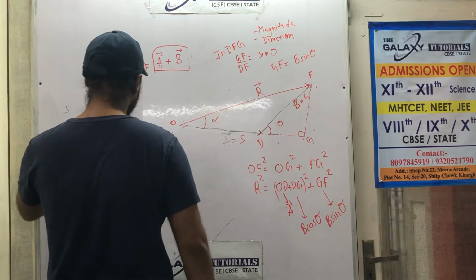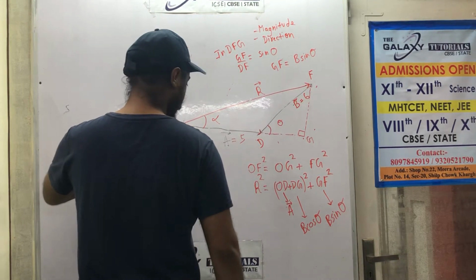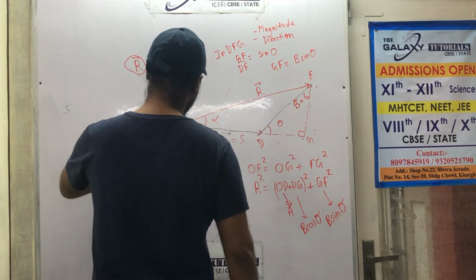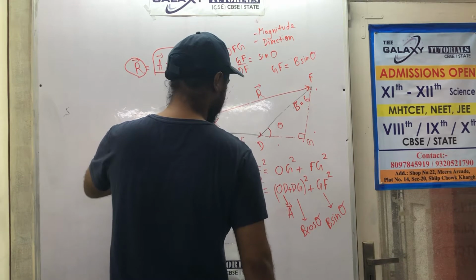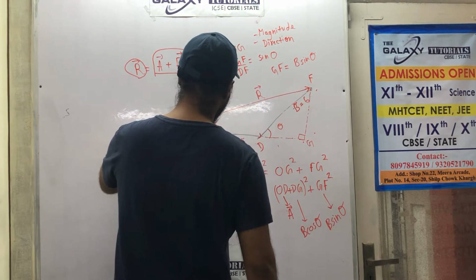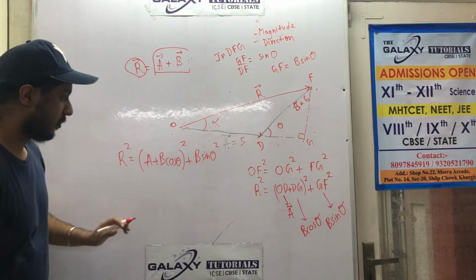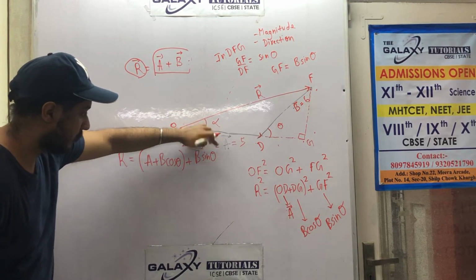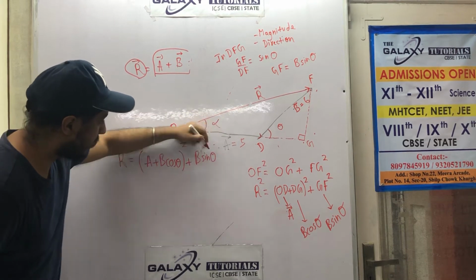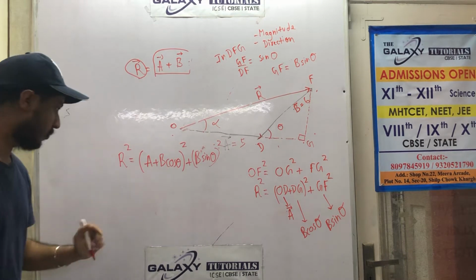So this comes out to be R square is equal to A plus B cos theta whole square plus B sin theta whole square. You can all see this. I will open this bracket later on. No doubt about it.